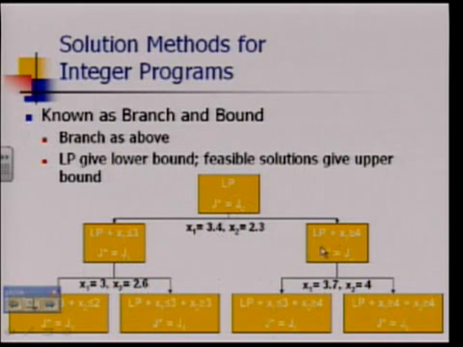And of course, I could also fix this part by saying that x1 is greater than or equal to 4 plus the original problem, and then I get another value.